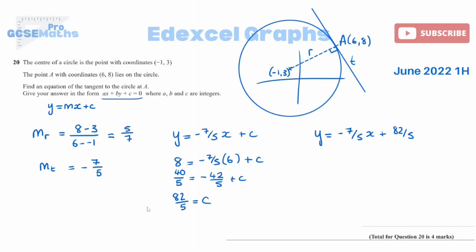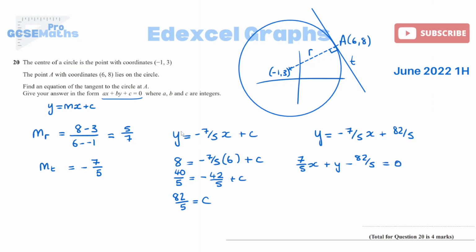I need to rewrite it in this format here, where not only can you see that everything is on one side, whereas here we've got it split, but also can you see that they've said that a, b and c, so the coefficients, are integers, they are whole numbers, which is why I mentioned the fact that we have the same denominator 5. So first of all, I'd probably move everything to one side. So let's say we put x first, so add 7/5 x plus y minus 82 over 5.